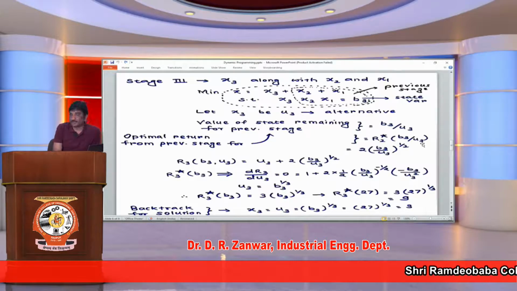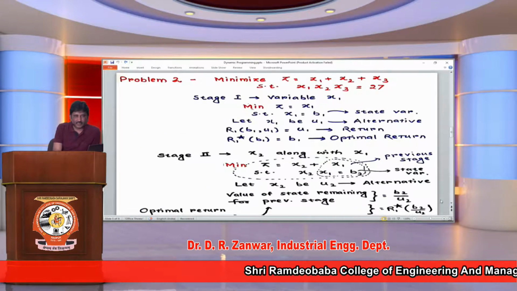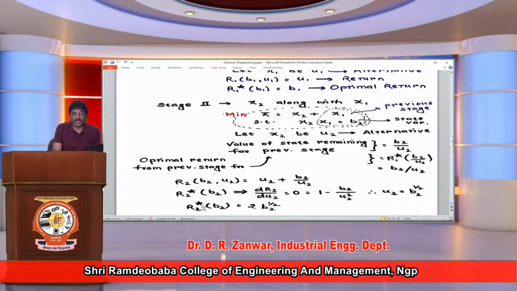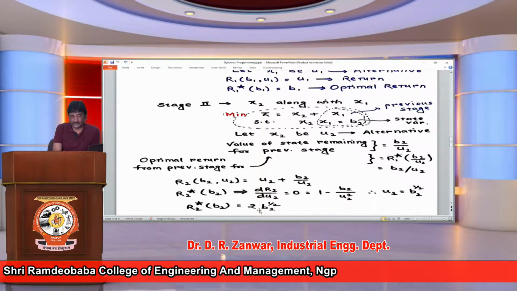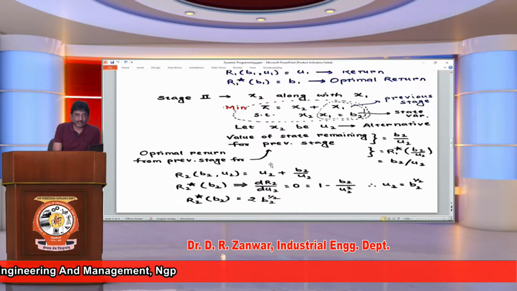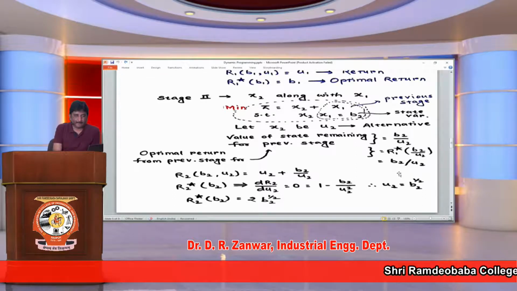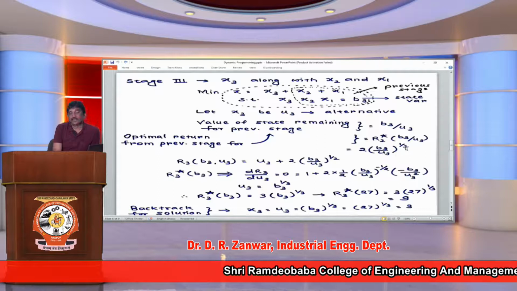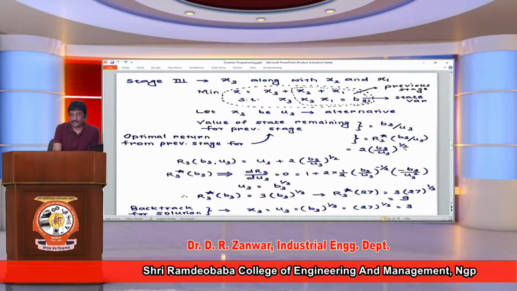Now from the previous stage I came to know the approach by which I find the r2 star for parameter past b2 as twice the square root of the parameter past. So here too the optimal return for the remaining value of state will be twice b3 by u3 to the power 1 by 2.